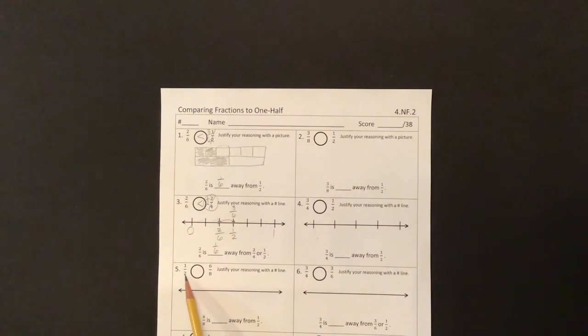Looking at number 5, we have 1/2 compared to 6/8. And I see that fraction of 1/2, and I know that I'm right in the middle. If I think about eighths, what amount is equal to 1/2? How many eighths does it take to equal 1/2?